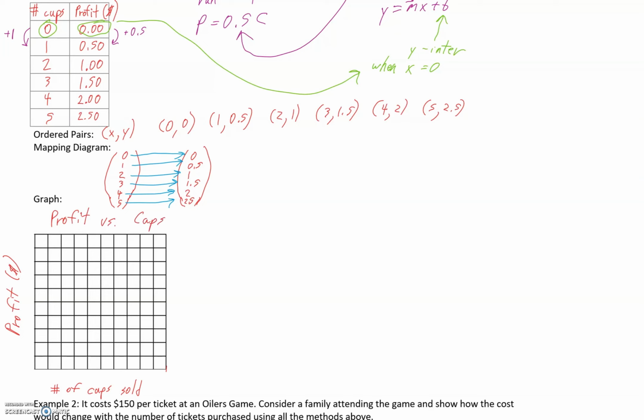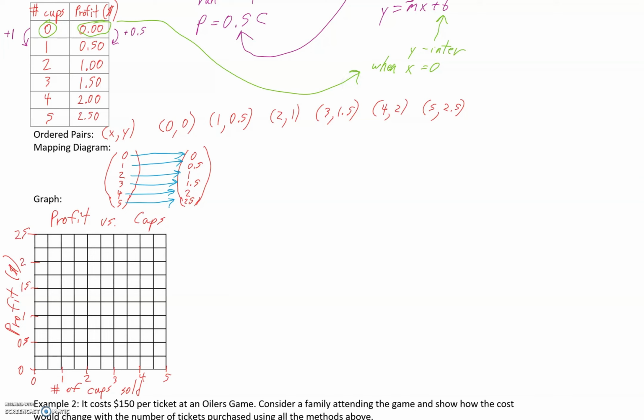Okay. Now we're going to make the scale. And the scale works out pretty nicely in this case, going just to 5. Okay, and the profit also works out pretty nicely. So starting at 0, 0.5, 1, 1.5, 2, 2.5.